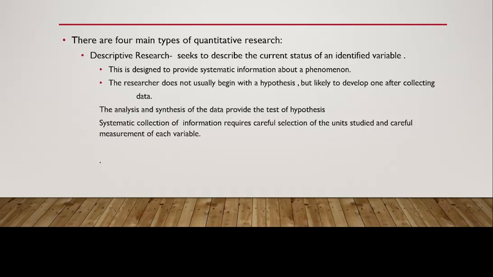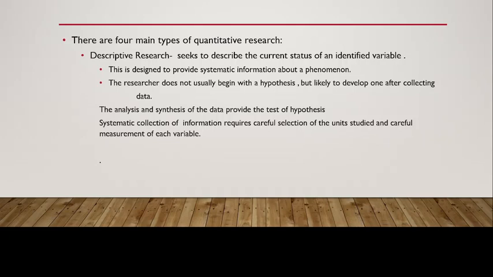Here, the researcher does not usually begin with a hypothesis, but is likely to develop one after collecting data. Then the analysis and synthesis of the data provide the test of hypothesis.